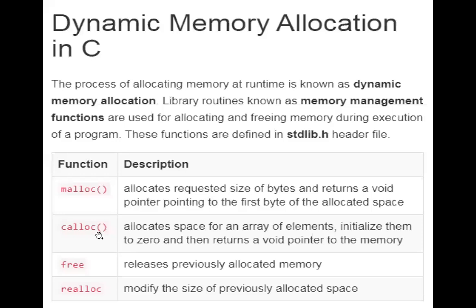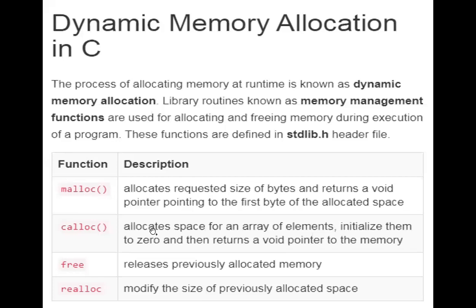Calloc, the contiguous allocation as we call it, allocates space for an array of elements, initializing them to 0, and then it will return a void pointer. What does this mean? If I want to allocate one block, I'm going to use malloc. For example, if I want one block of 100 bytes, I am going to use malloc.